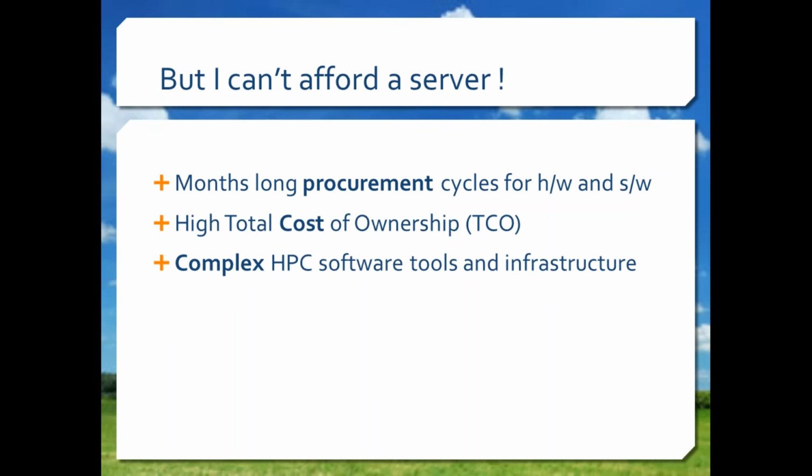And then there are complex high-performance computing software tools which you have to master, and you have to build an infrastructure around it. And then, because of these rapid technology refresh cycles these days, Intel is coming up, for example, with 2 new generations of chips, so within 3 years, this on-premise server can relatively fast become outdated.